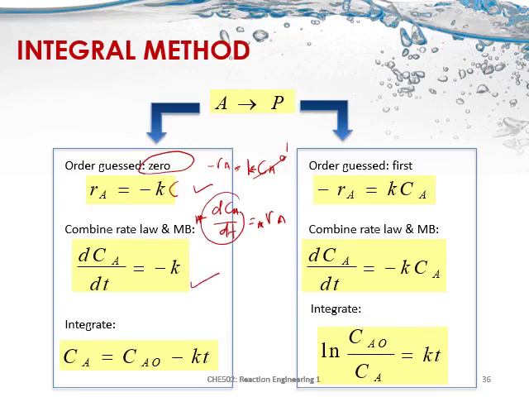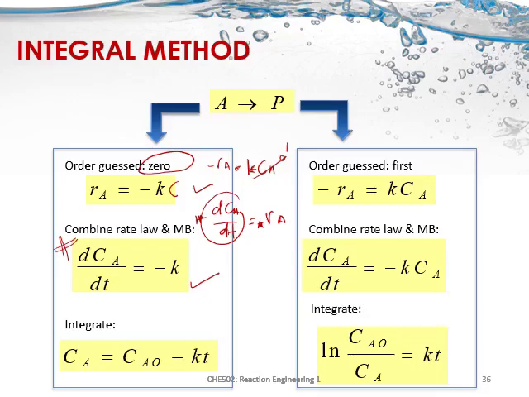Okay, moving further, the next step is to integrate this equation. So by now, you should practice yourself to do the integrations. If the problems involve integral method, then you need to show how you carried out the integration steps.